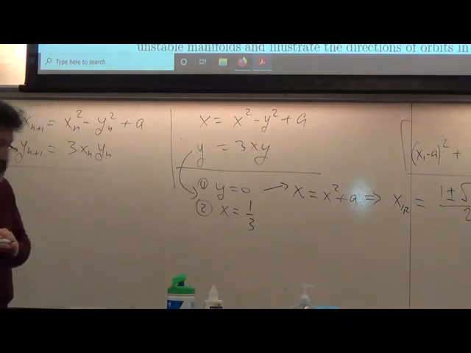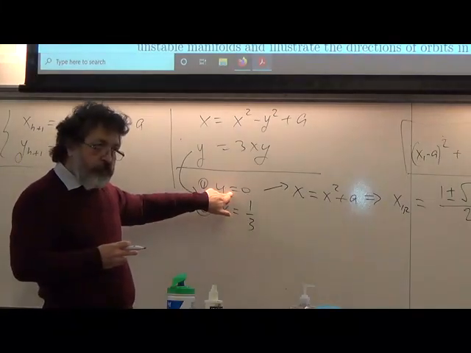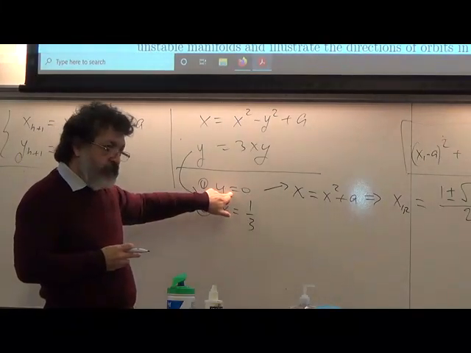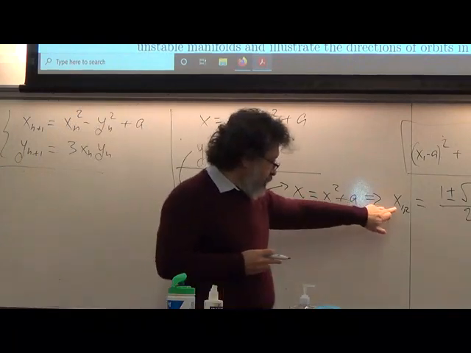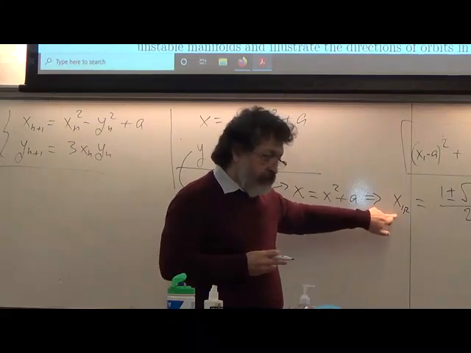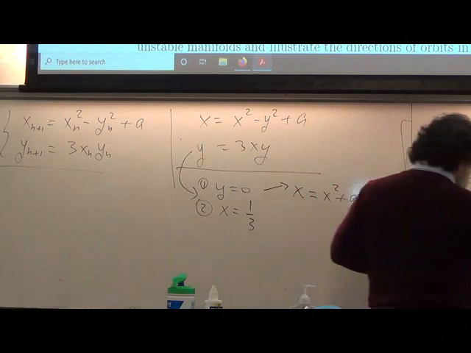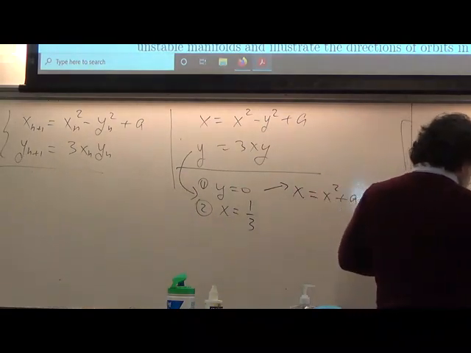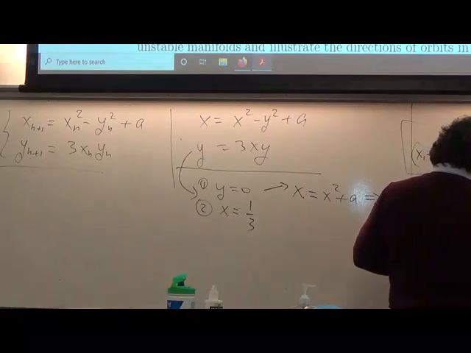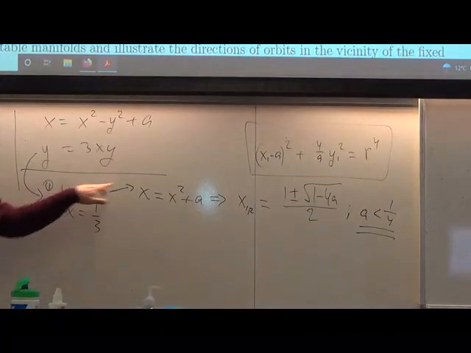So we found two fixed points, with y equal to 0 and two values of x. These two fixed points exist if 1 is more than 4a, or a is less than a quarter.